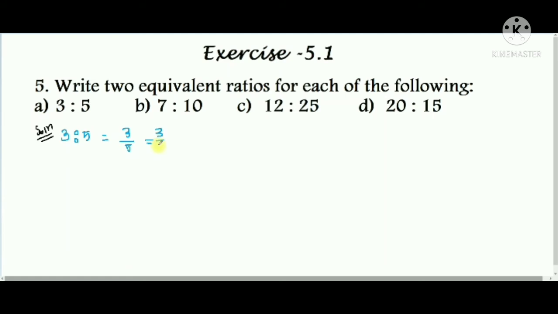Then here you multiply the numerator and denominator by any number.